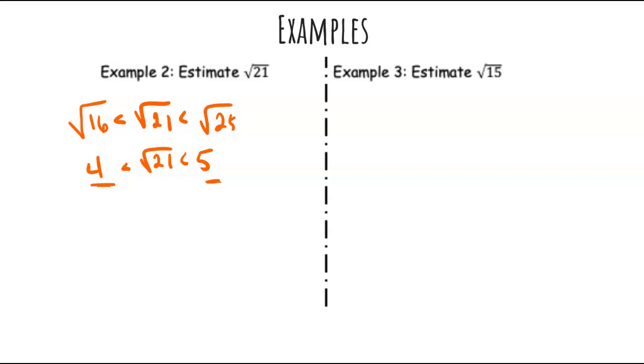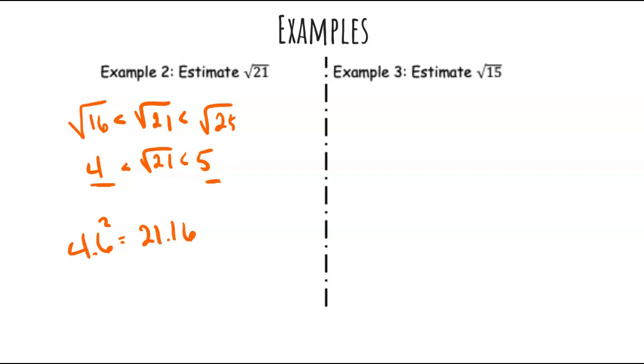I look at 21, and 21 is slightly closer to 25 than it is to 16, so it's probably in the middle somewhere. I'll start with 4.6, and I will square 4.6, which is 21.16.